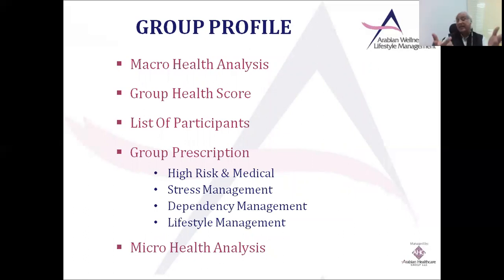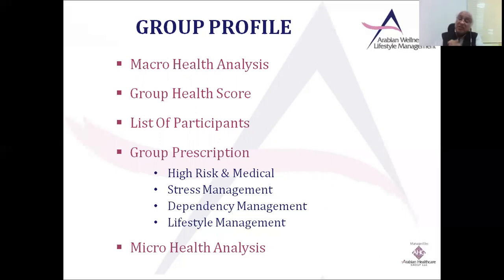As I mentioned earlier, it gives you the macro analysis of the main factors of lifestyle and then the micro analysis of the 75 sub-parameters. It gives you a group health score.